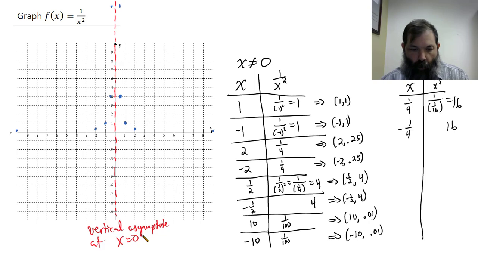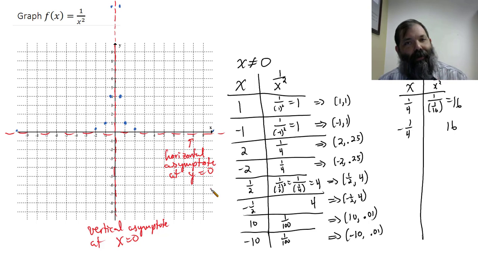And also, notice our y values were getting very close to 0, but they can't ever actually equal 0. Again, I'll show that with a dotted line. Here I have a horizontal asymptote at y equals 0. We draw these asymptotes with dotted lines because they're not really the graph of the function, but they're guidelines to help us sketch the function.